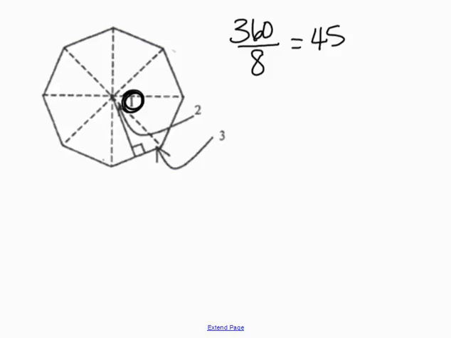Angle 2 is going to be 45 divided by 2, which ends up to be 22.5.